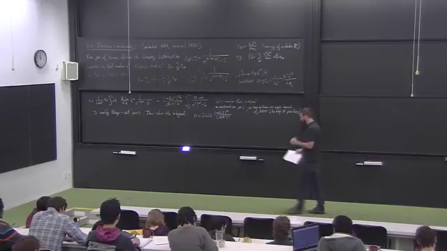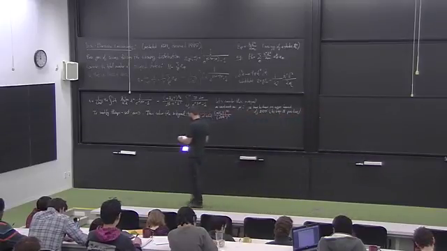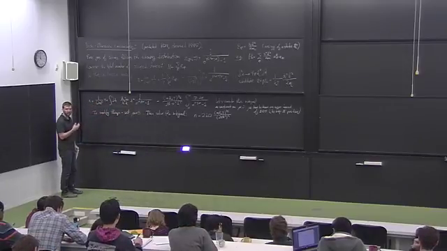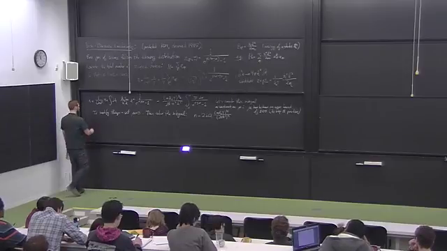What this means is for essentially a given temperature, there's some maximum number of particles that can be accommodated by the Bose-Einstein statistics, right?